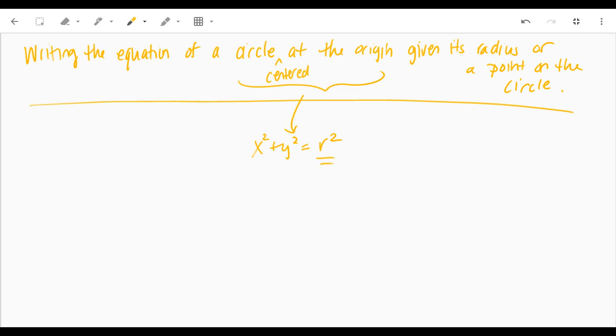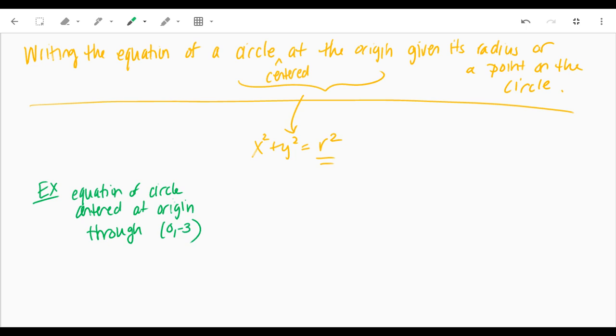One example: give the equation of the circle centered at the origin that goes through the point 0, -3.